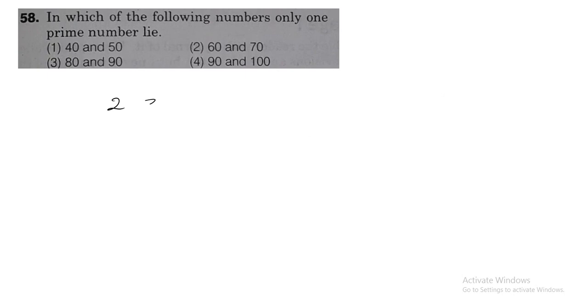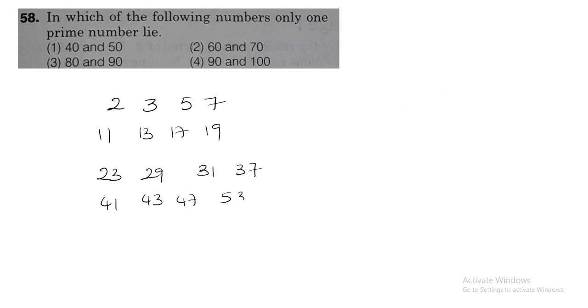So the prime numbers till 100 are 2, 3, 5, 7, 11, 13, 17, 19, 23, 29, 31, 37, 41, 43, 47, 53, 59, 61, 67, 71, 73, 79, 83, 89, 97.